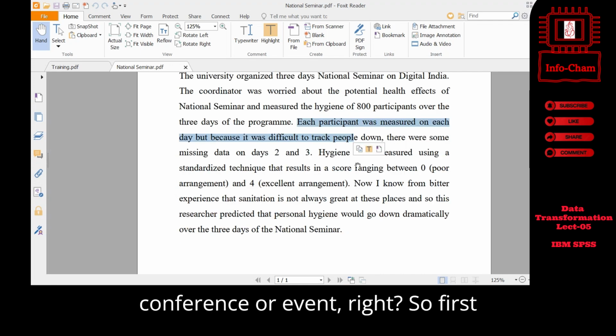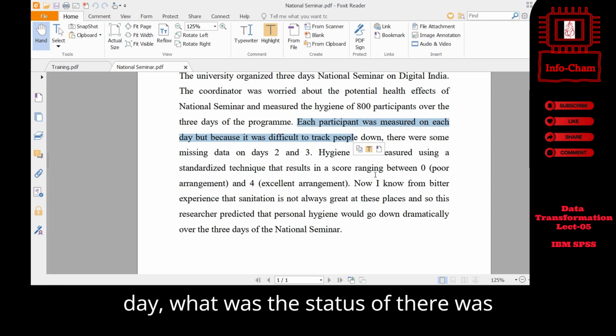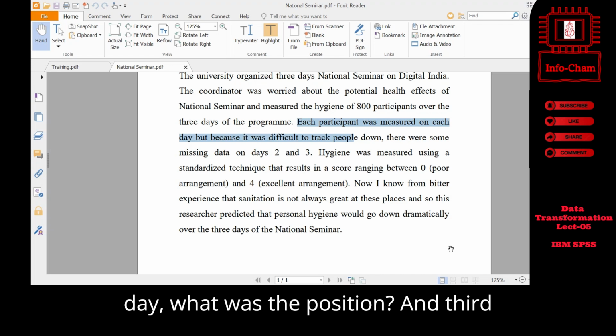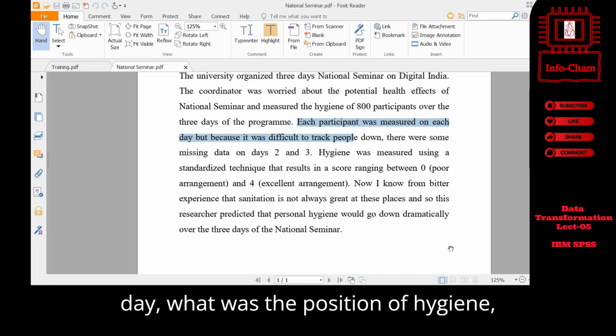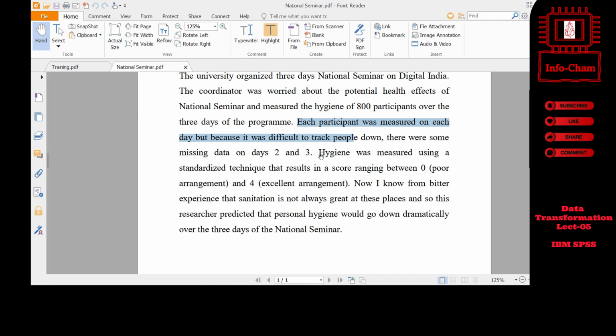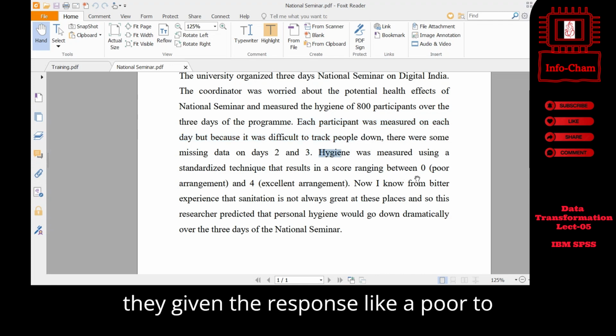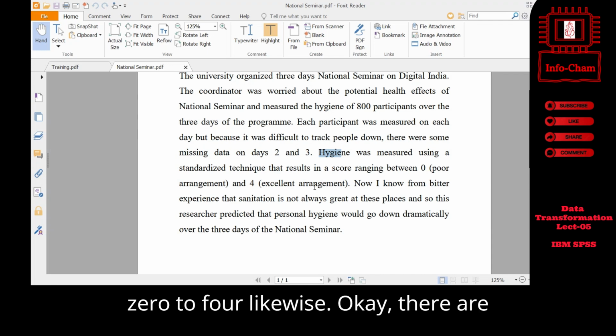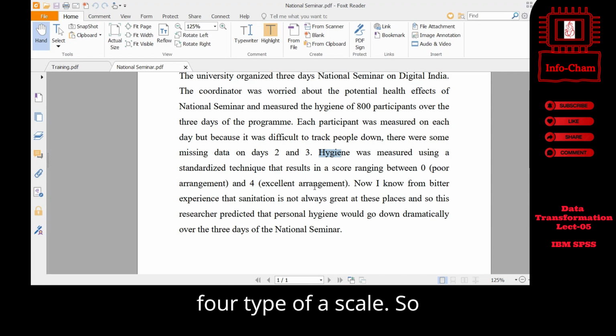On the first day, was the environment hygienic or not? On the second day, what was the position? And on the third day? They gave responses from poor to good, very good, or excellent, on a scale from 0 to 4.